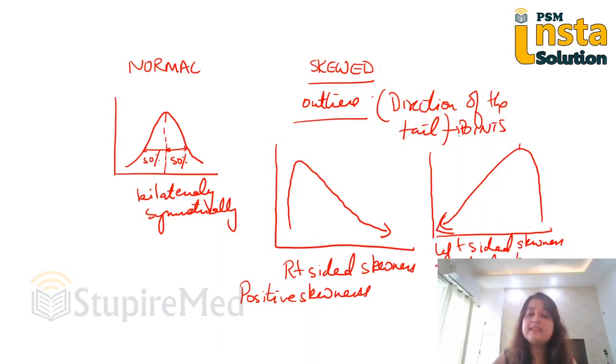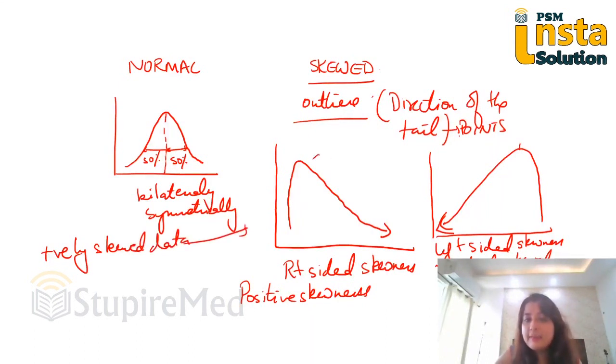Now, 2 points again that you have to remember: for a positively skewed data, which is this one, my mean is more than median is more than mode. Is it clear, everybody?